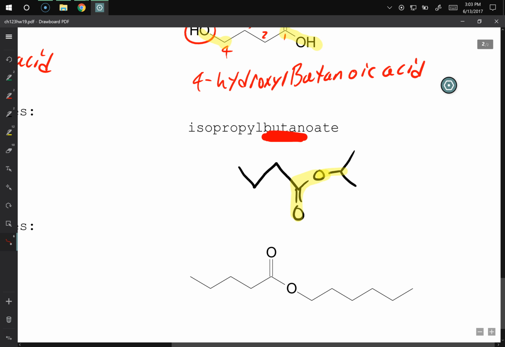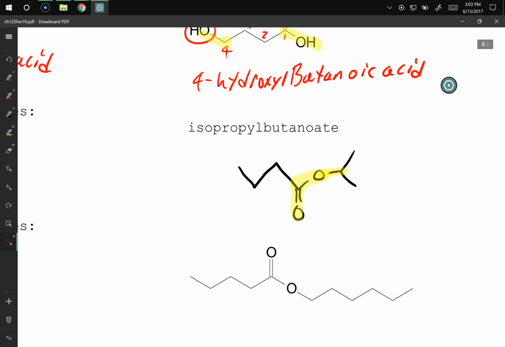So this butane, right? That's this right here. We okay with that? This O8 is saying on that carbon, I've got a doubly bonded oxygen and a carbon. So that's telling me it's an ester. This is 3 carbons as a side chain, but it's hooked up to the middle carbon instead of the end carbon.